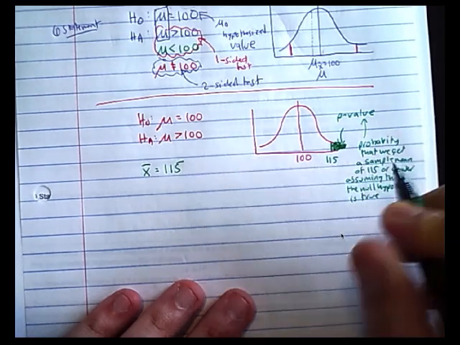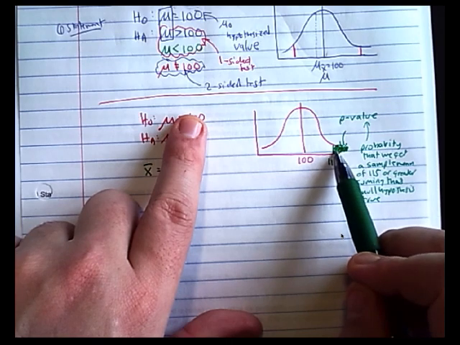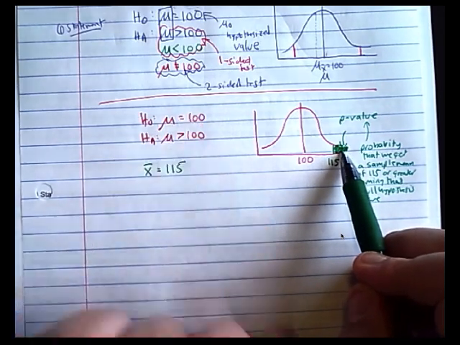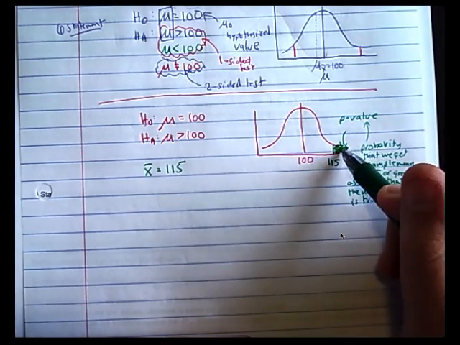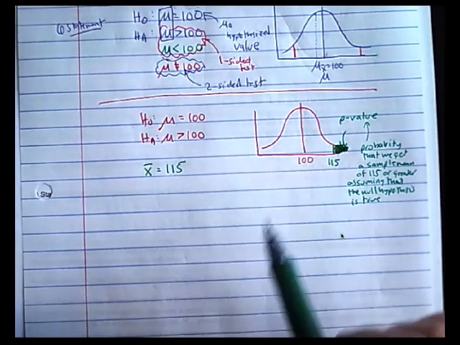If we assume that's true, whatever the math on the normal curve or on our calculator gives us, that gives me the probability that that actually happens, assuming that's true.